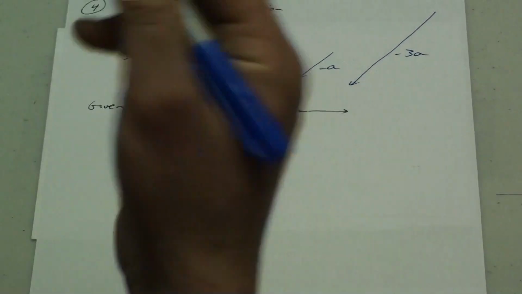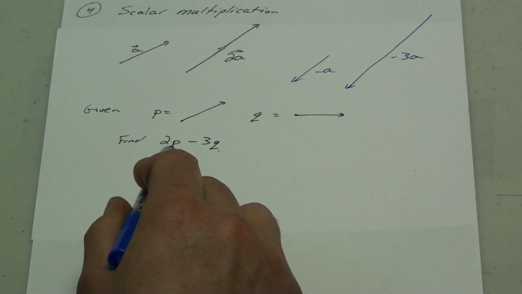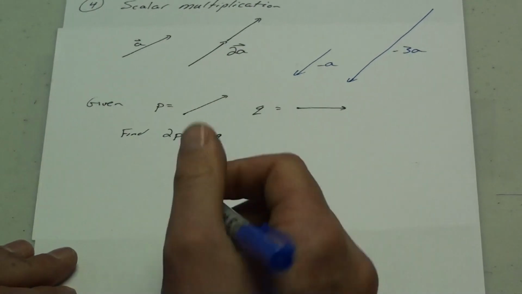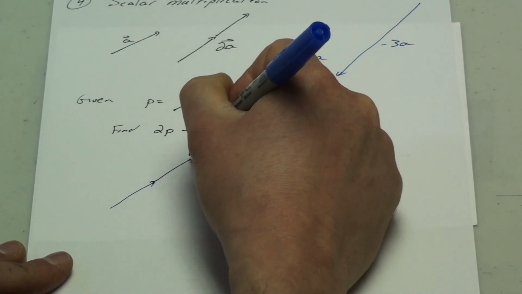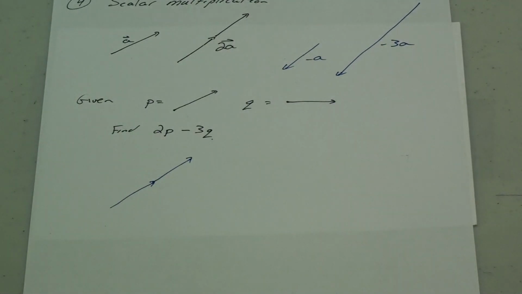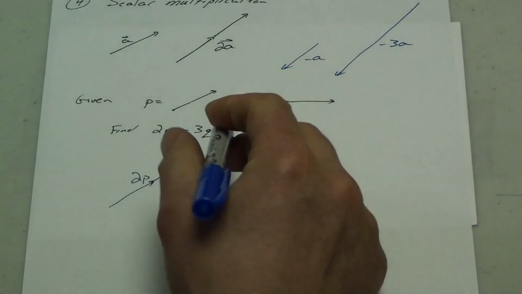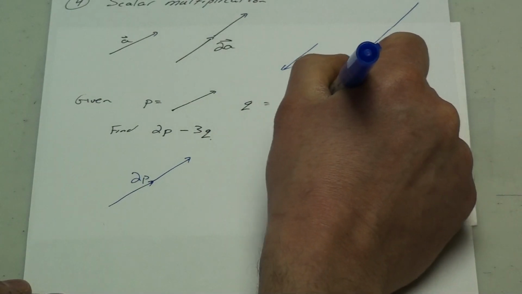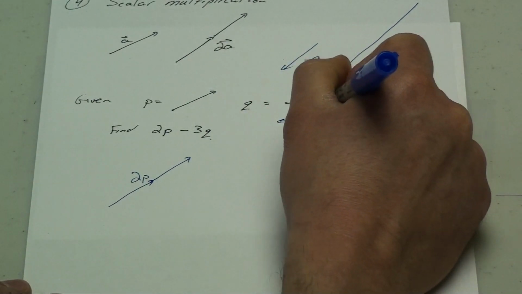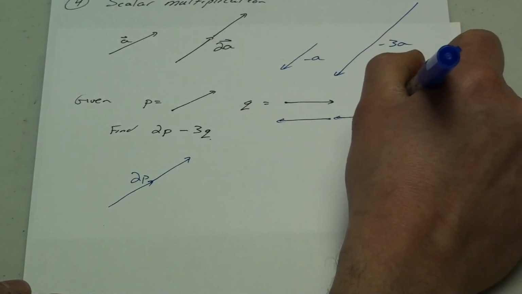So if I'm given two vectors, P and Q, and I want to find 2P minus 3Q, I take vector P and I need to double it. This is now vector 2P. And then I'm going to subtract 3Q. Well, this is Q, so subtract 3Q is going to be 3 Q's going in the opposite direction.